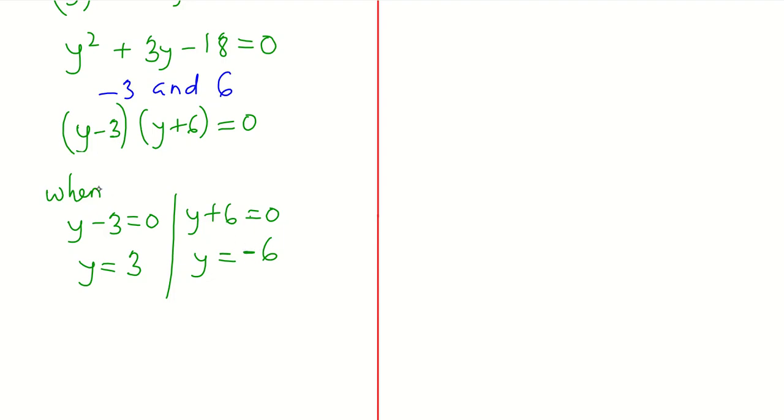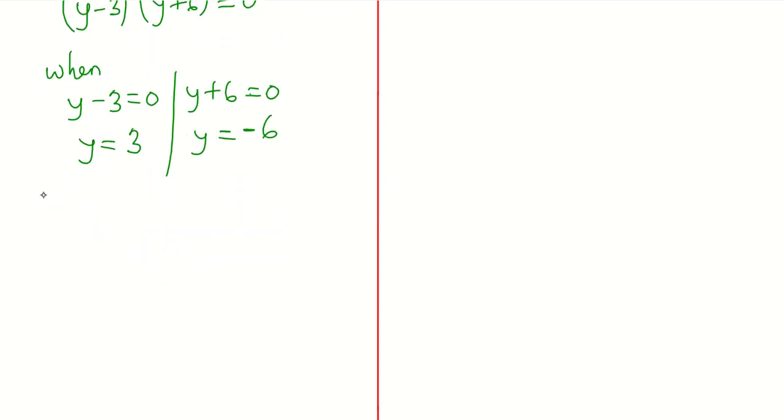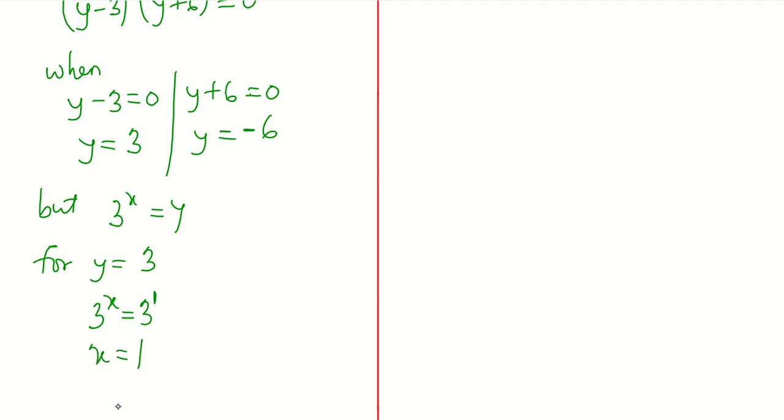With that, remember we said we should let 3 exponent x be equal to y. So for y equal to 3, 3 exponent x is equal to 3. And we know that 3 has an exponent of 1, so x is equal to 1.